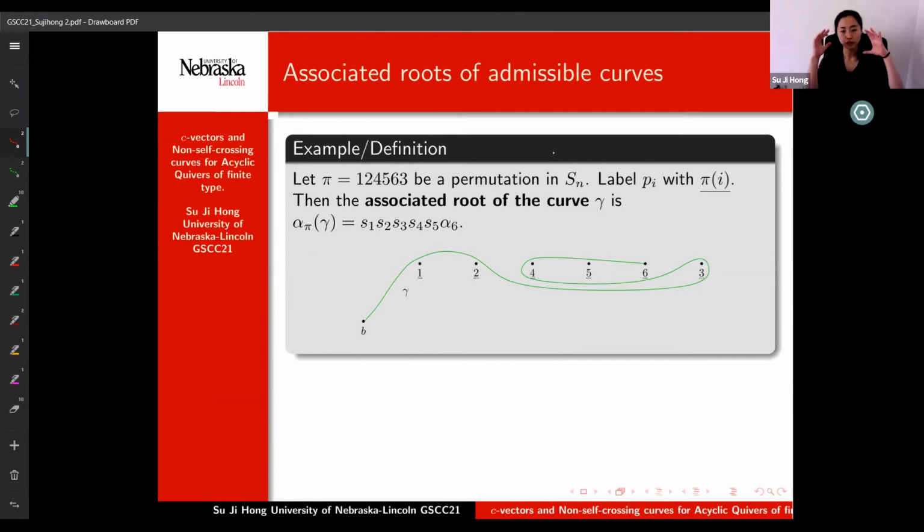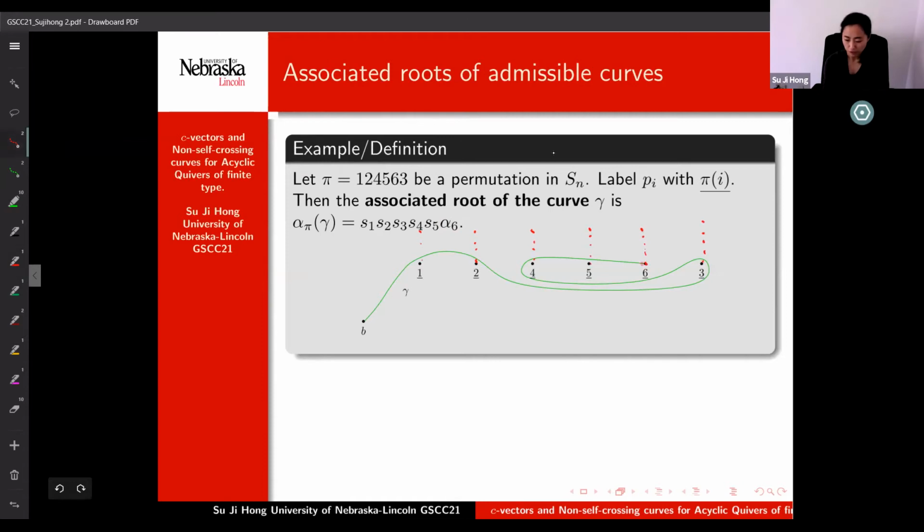We need a way to associate these curves with a root. So here's how we're going to do it. Given a permutation, we're going to label each of the marked points with the numbers in the permutation. And then we see where this curve starts. So that's where this alpha 6 is coming from. And if you recall, all the rays are passing on the top.